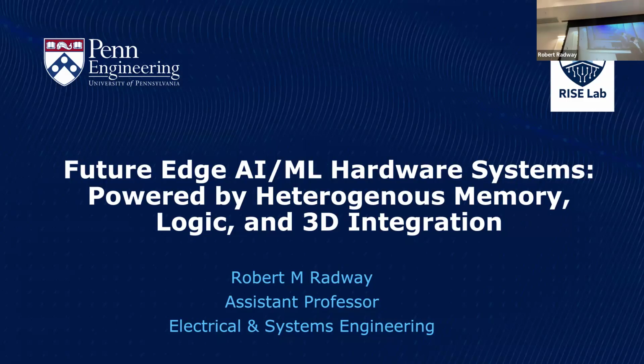And so today I want to show you what can you do that could be an order of magnitude more efficient than just only in the software realm, but going to the hardware. And that's where Professor Rob Radway is going to talk to us about how we start from the ground up. How do we rethink the design of the processors, but with machine learning as a first-class citizen?